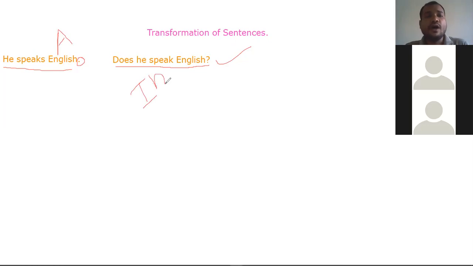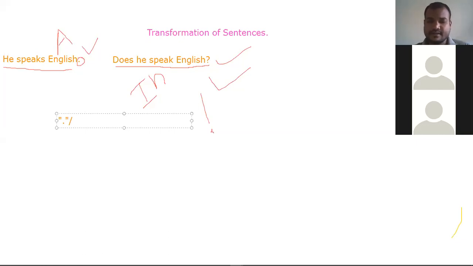Okay. So how can you identify whether it is a statement or an interrogative sentence? First thing, you need to identify whether a sentence ends with a full stop, a question mark, or an exclamatory mark. For example, a sentence ending with a full stop is known as what? If a sentence ends with a full stop, it is known as either an assertive or an imperative sentence.